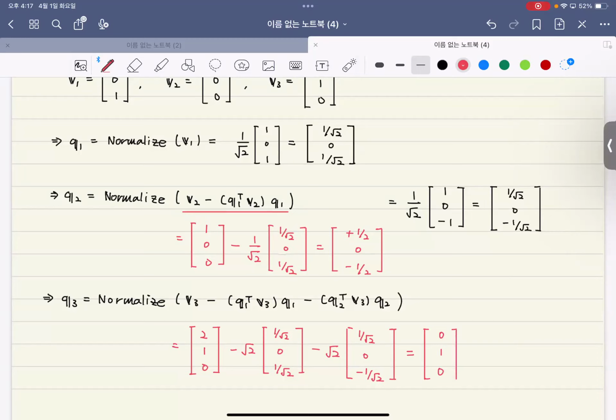Okay. Its length is already 1, so there's nothing to normalize. So it's simply (0, 1, 0). All right, so this is Q3.